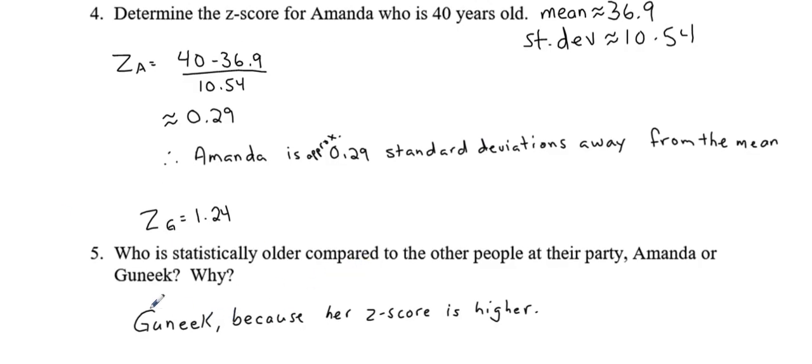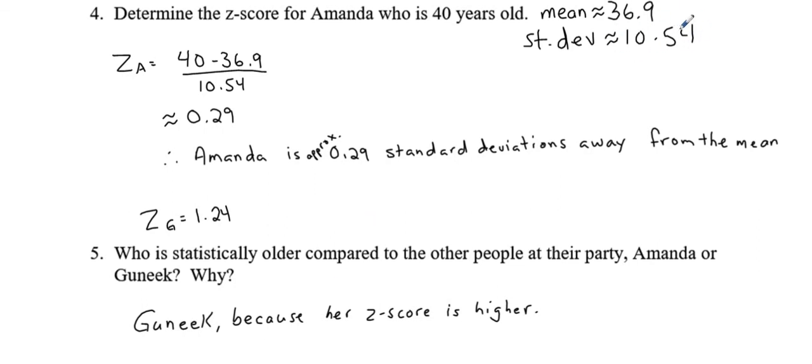So compared to Amanda's party and compared to Ganique's party, Ganique is older than the average age. Now, you might say that makes sense because Ganique's age is further away from the mean, because her age was 40 and the mean was 22, versus Amanda, whose age is 40 and the mean was 36. So you might say it's obvious that Ganique was older compared to the other people at the party, but it really does depend on the standard deviation.